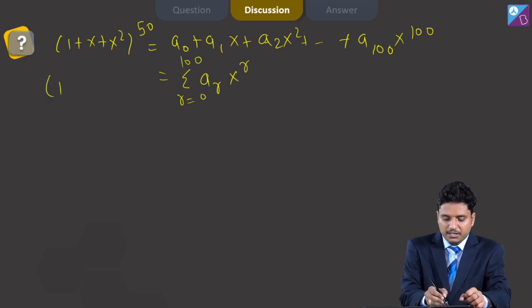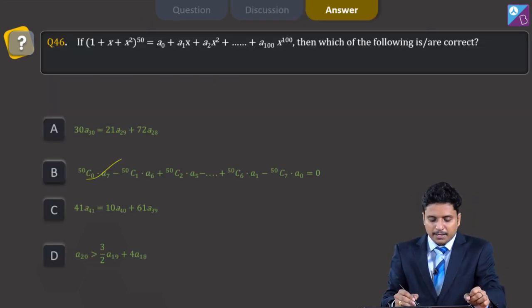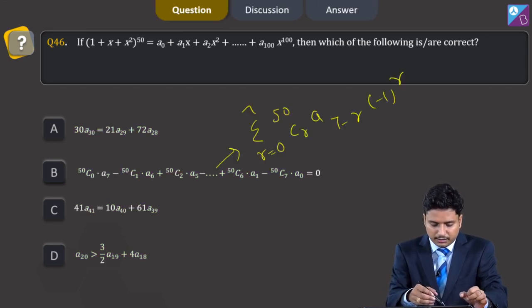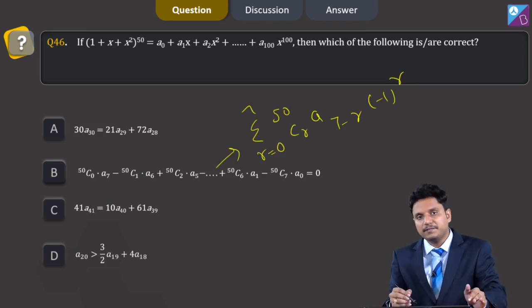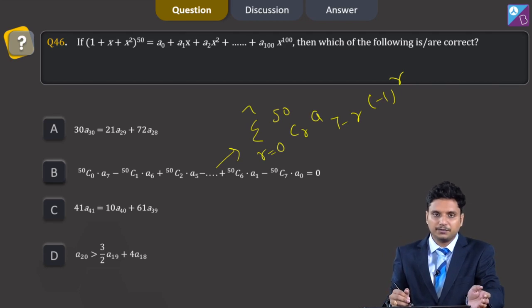Now if we try to differentiate it, why we are trying to differentiate, first of all we have to think of this, because here we can see that in this question all the options, that is 30A20, 21A29, some coefficient is present. Obviously we are not going to multiply it because we are not aware about the actual values of these coefficients, but these relations can be developed.